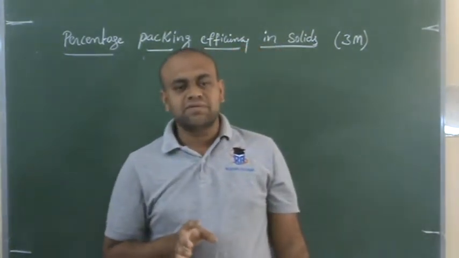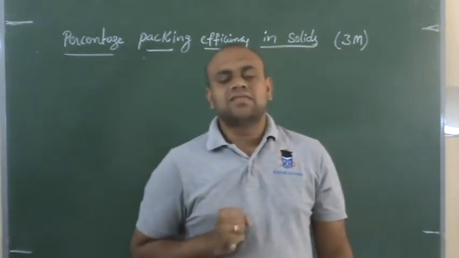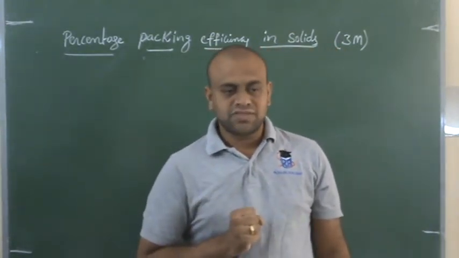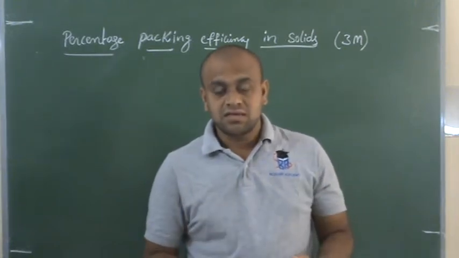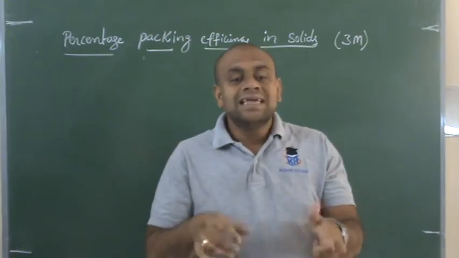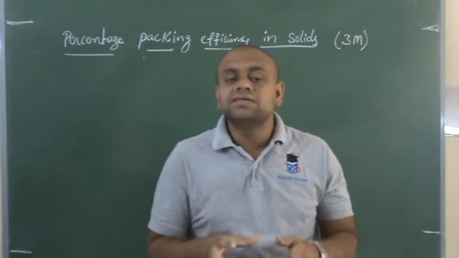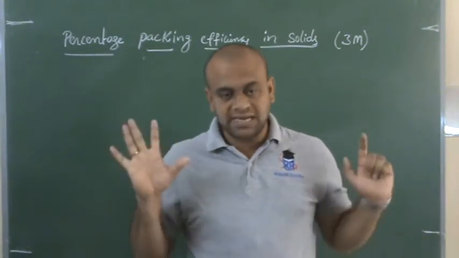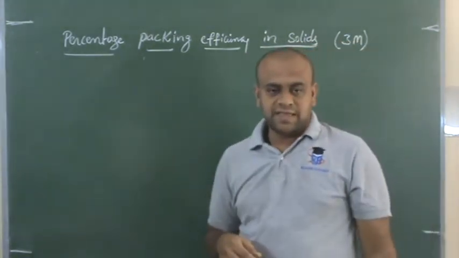Those gaps are said to be voids. Now we are going to discuss how much space in a unit cell is occupied by particles and how much space is left empty. That is nothing but packing efficiency.